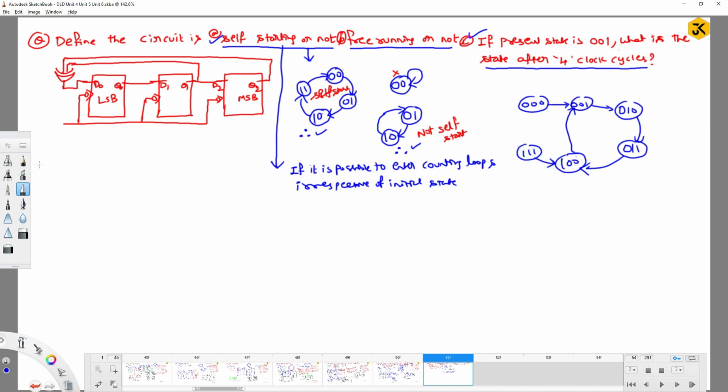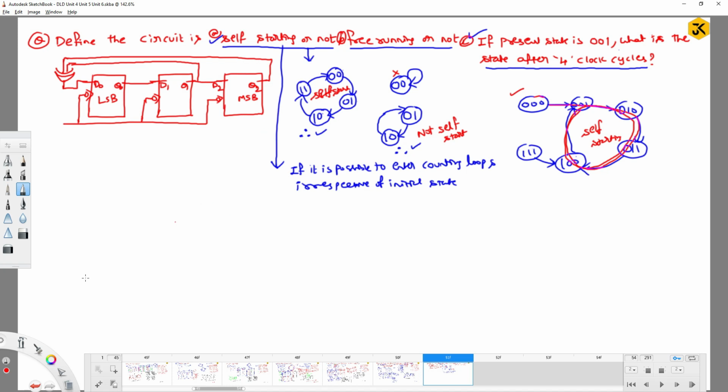Now can you tell, is it self-starting? Yes, because if I start at 000, it is going to go like this, and after some time it is definitely going to be in the loop. So I can call this self-starting.